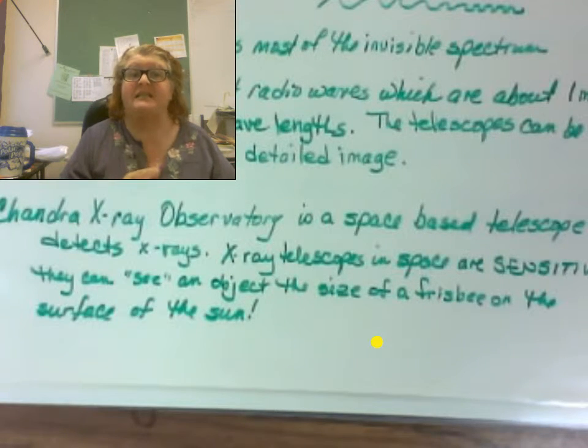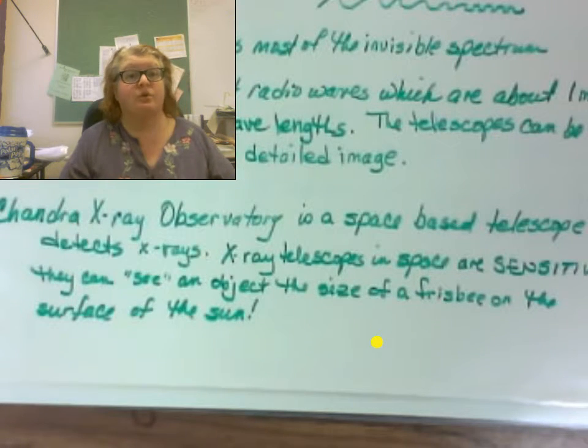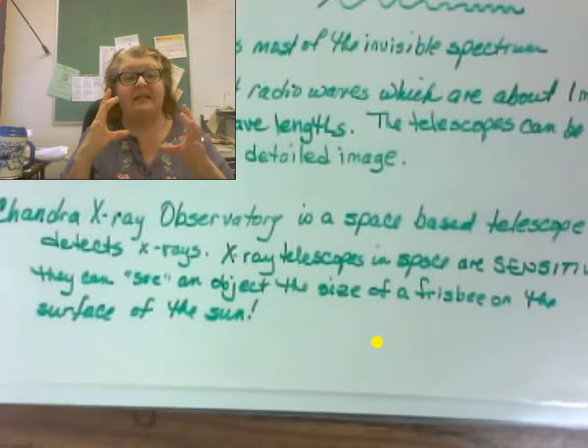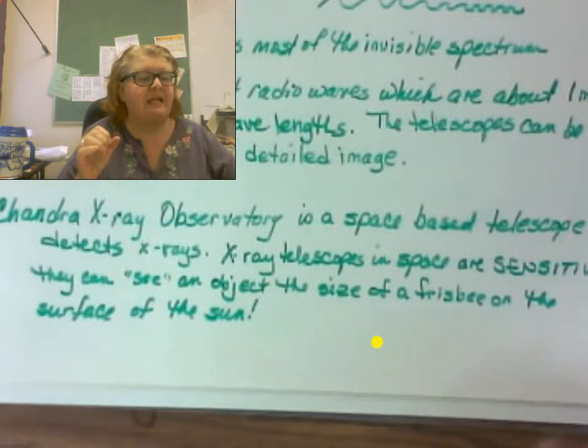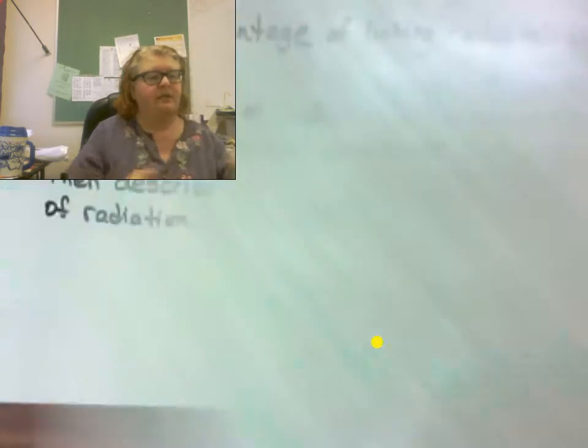That's a big, long distance. We're going to talk about that when we look at just how big our solar system is, so keep that in mind. It can see a frisbee that far away. It's amazing.